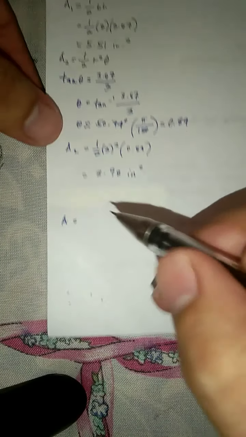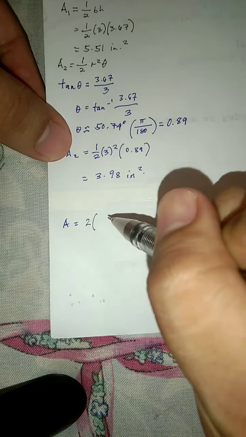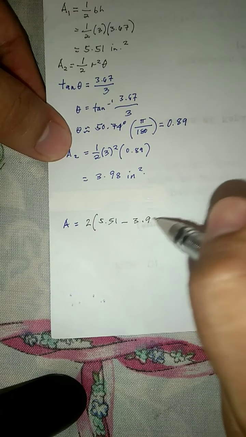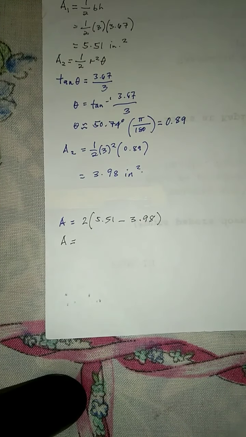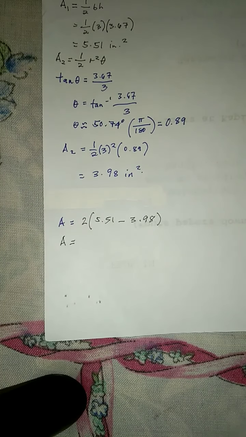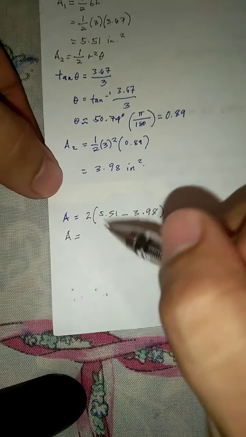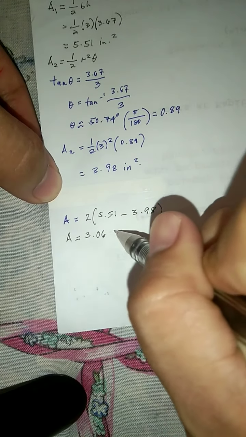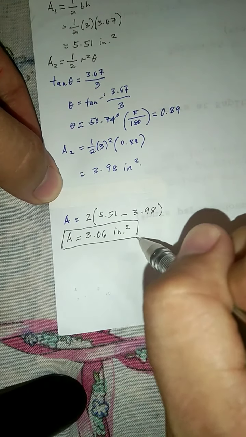For the final formula, you have A equals 2 times area 1, which is 5.51, minus area 2, which is 3.98. So the area is equivalent to 3.06 square inches. Something like that.